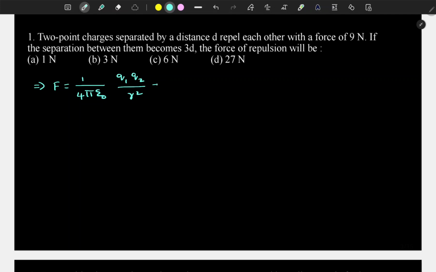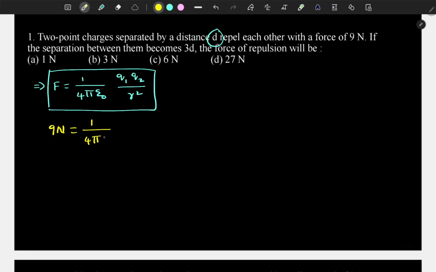So initially, when the distance between the charges is small d, the force is given as 9 newtons. So case 1: 9 newtons is equal to 1 by 4 pi epsilon naught, which is a constant, you can write it as k also, or c, into q1 q2 divided by d square.